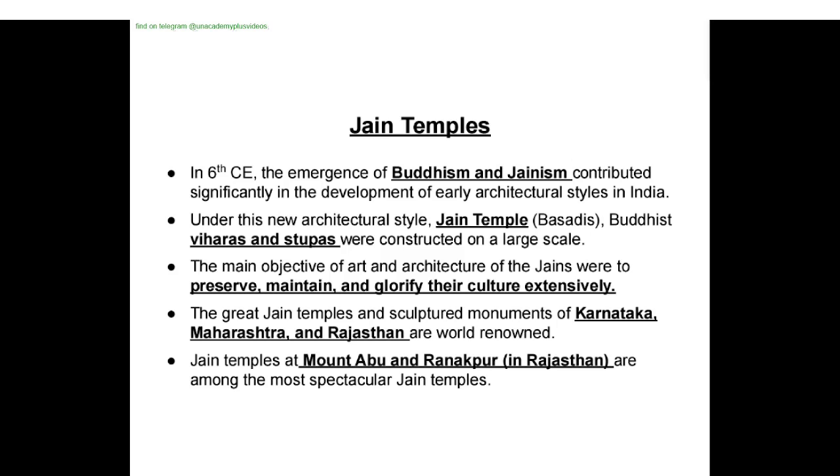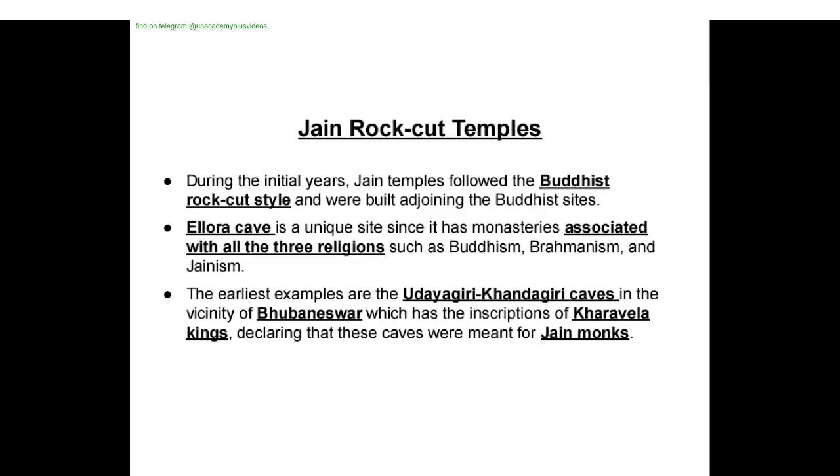Obviously, the great Jain temples and sculptured monuments of Karnataka, Maharashtra, and Rajasthan are world renowned. Jain temples at Mount Abu and Ranakpur in Rajasthan are among the most spectacular Jain temples. Jain rock cut temples. During the initial years, Jain temples followed the Buddhist rock cut style and were built adjoining the Buddhist sites.